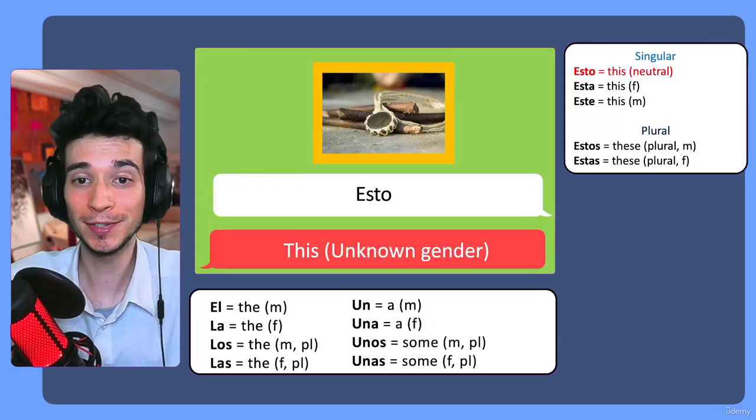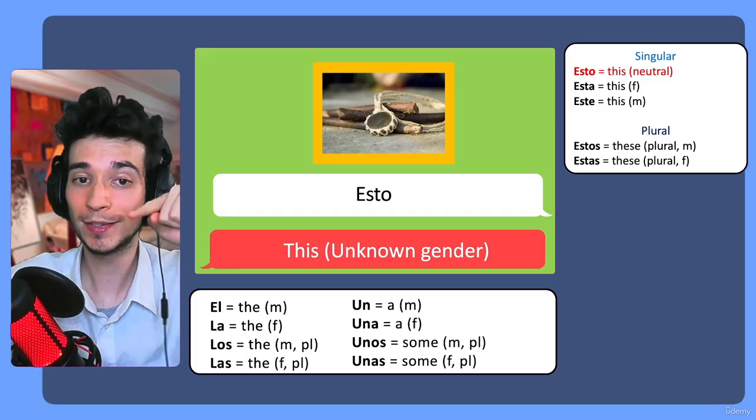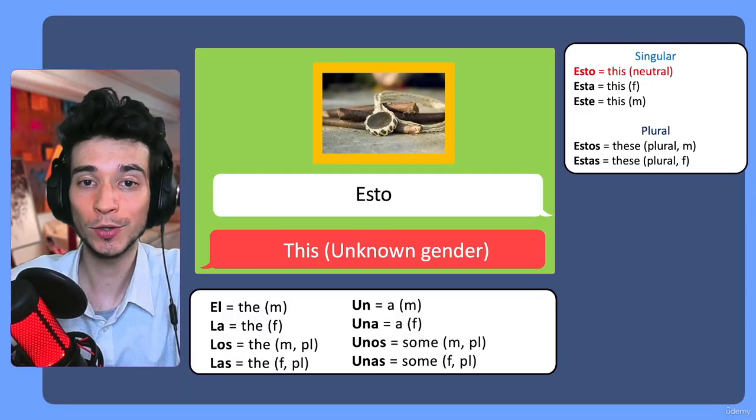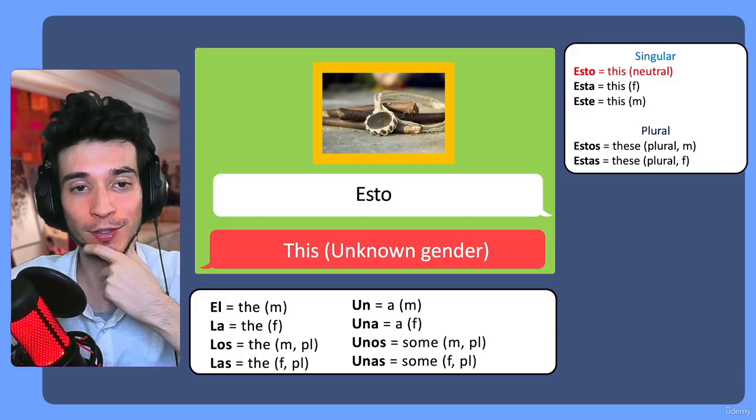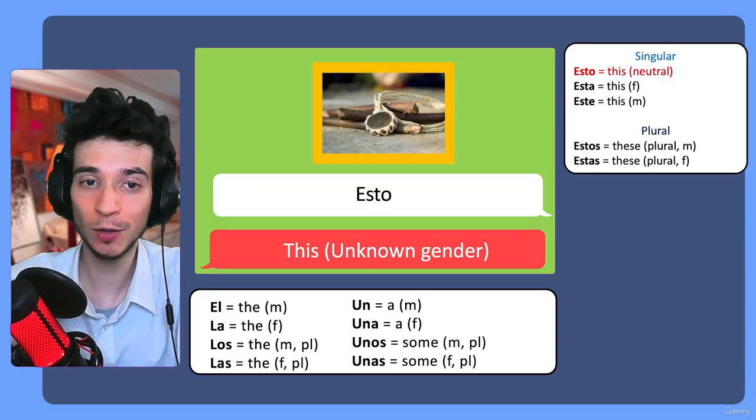Okay, so the first example is esto, which means this. Esto, but the gender is unknown. So something neutral. You don't know what gender it is. So if I look at the picture, I have no idea what it is.